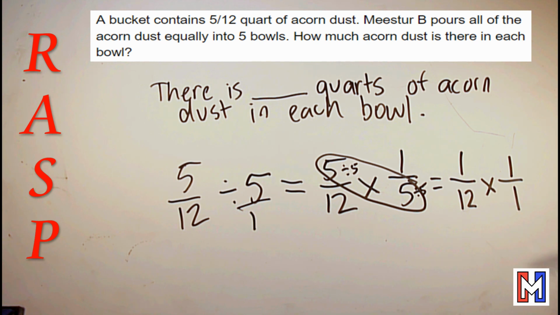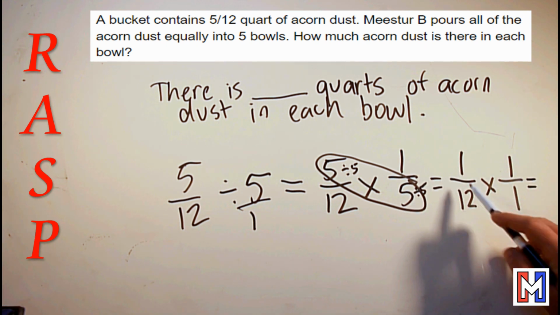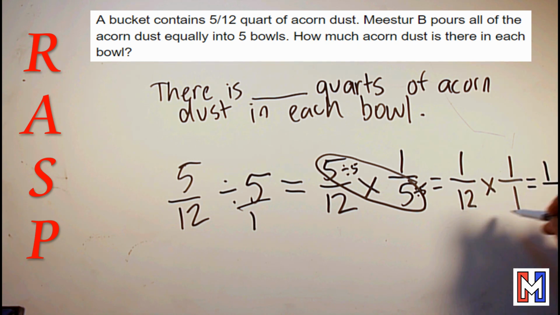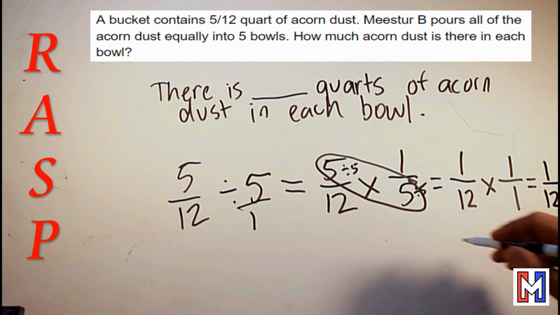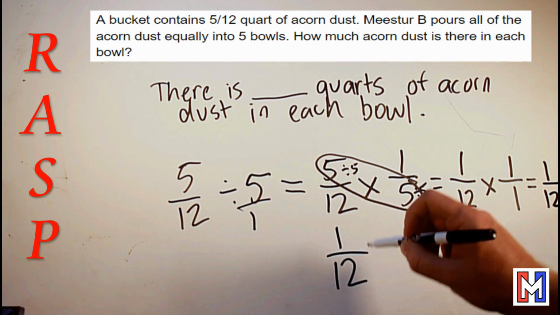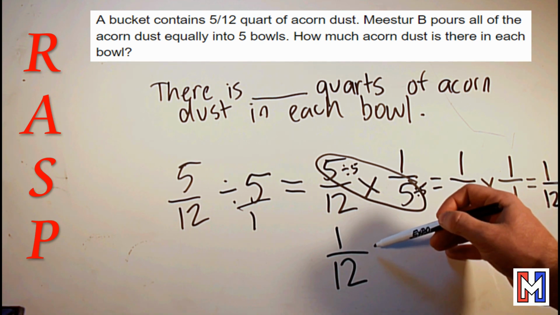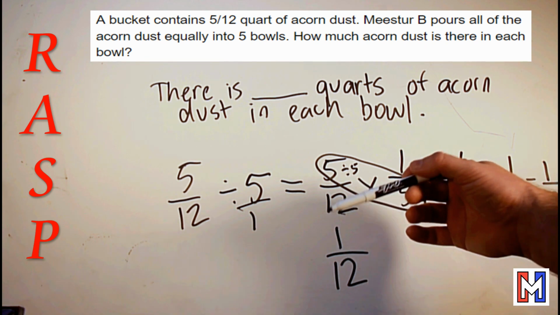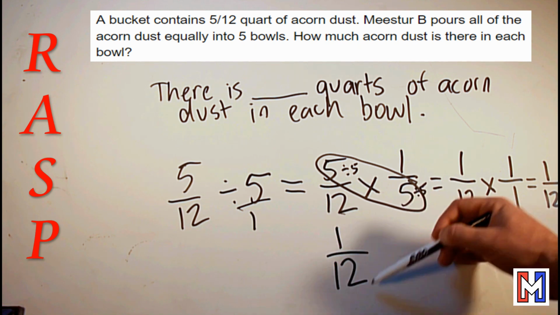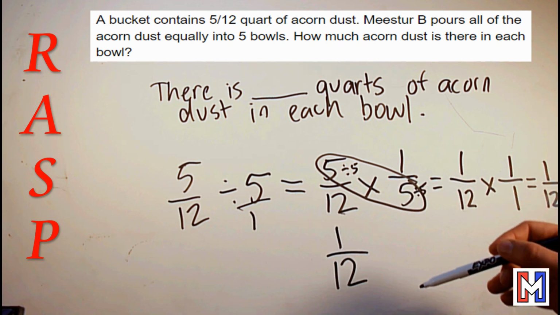We multiply the numerators and multiply the denominators. 1 times 1 is 1, 12 times 1 is 12. Can we simplify 1/12? No, we have 1 in the numerator. Whenever you see that, you know you're in simplest form. So 1 over 12 is our answer.